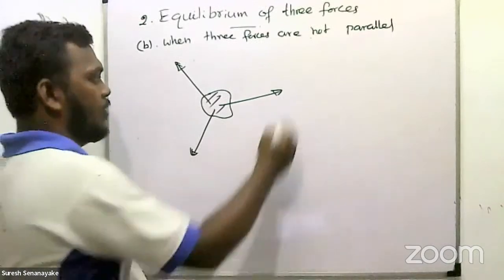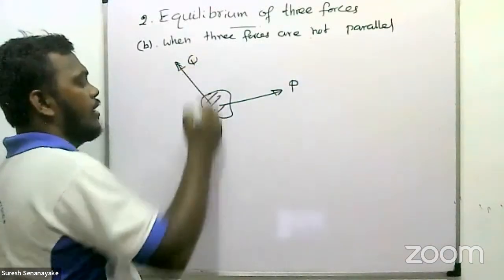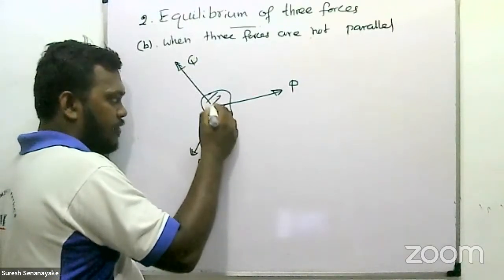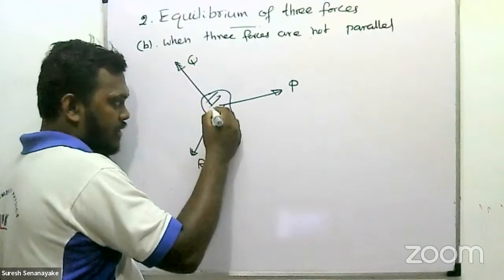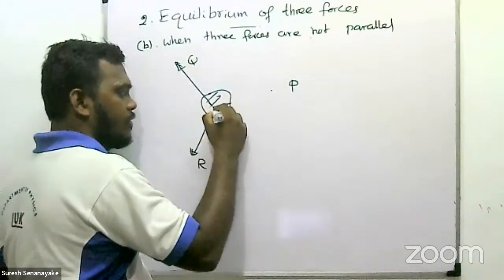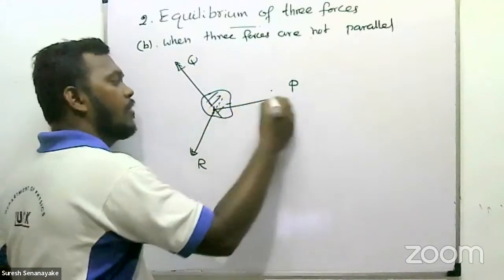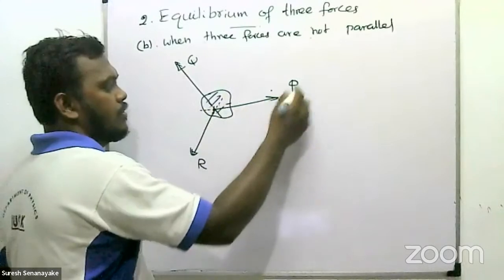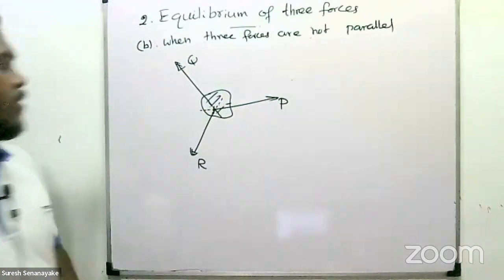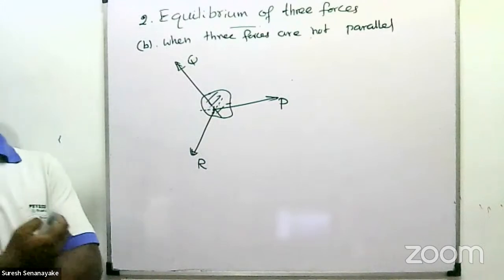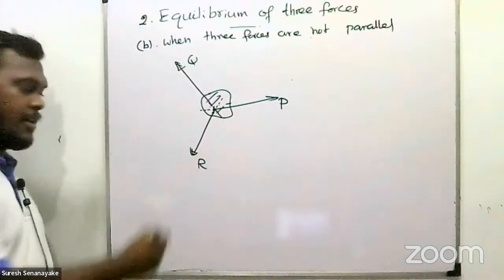Mark it as P, Q, and R. And also when you draw this, mark that all are intersected at one point. You can draw like this. Okay, right? The first condition.